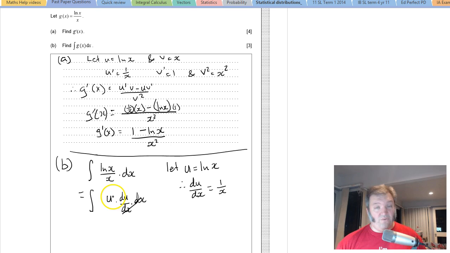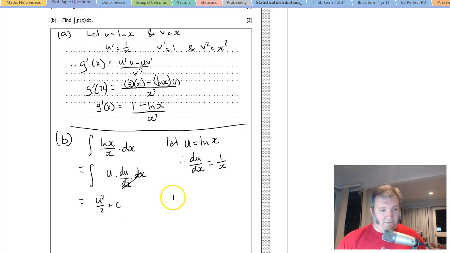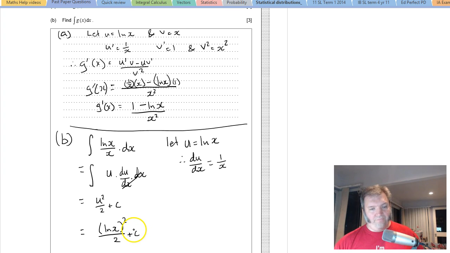So we've just got the integral of u du. Well, that's going to be u squared divided by 2 plus c, which of course we then need to go back and substitute in what u actually was. So the integral of ln x over x is actually the natural log of x squared divided by 2 plus c.